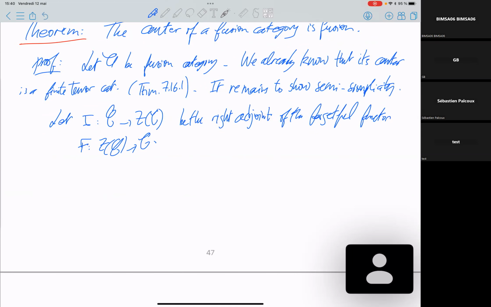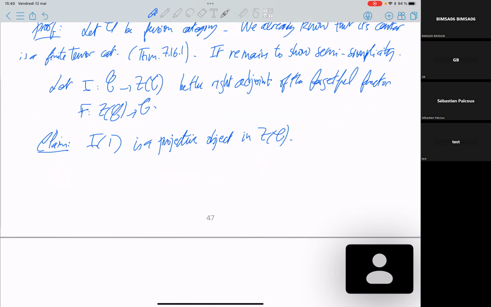So we need first to prove the following claim. I1 is a projective object in the center.